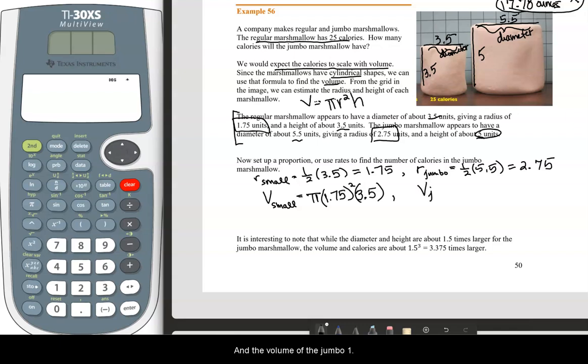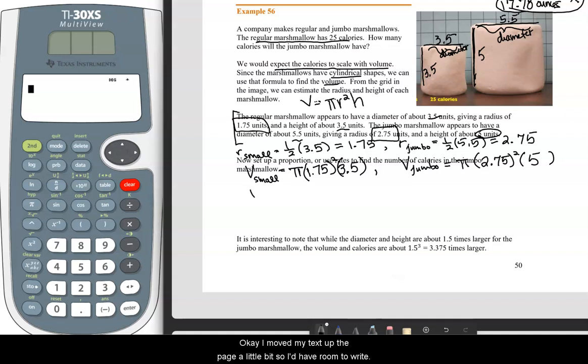And the volume of the jumbo one is equal to pi times the radius squared times the height of that marshmallow, which is 5 units according to the book. And these are our formulas. Now, the only thing left to do is to use our calculator to figure out the numerical answer to these and then do a comparison.